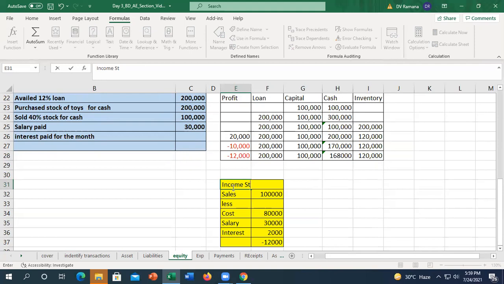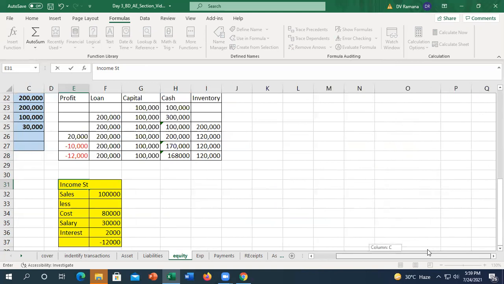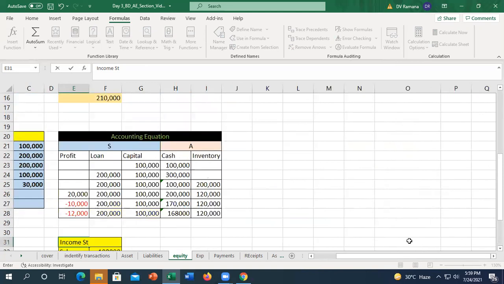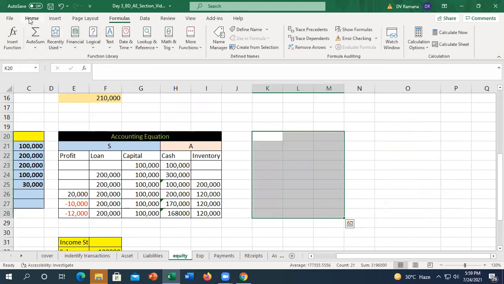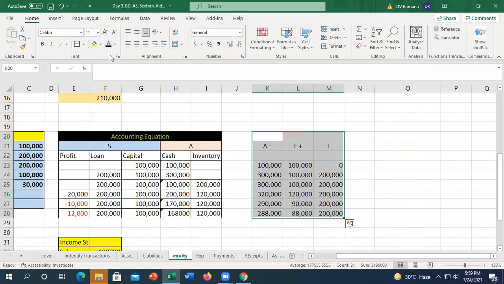Okay, so now let us see the accounting equation, the summary accounting equation. The summary accounting equation will look like this: A is equal to E plus L. At any point of time, A will be equal to equity plus liabilities.